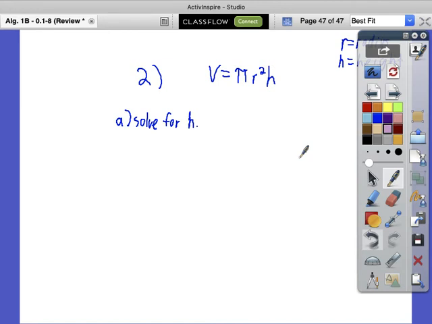Multiplying with what? Pi and r squared. How do we undo multiplication? Division. So what are we going to divide by? We want h. R squared and what else? Pi. Is that going to reduce those? That's good. That's what we want. So I have to divide the other side by pi r squared as well. Now, do we know volume V divided by pi r squared? No, but we can write it. And that equals h. We solved for height.